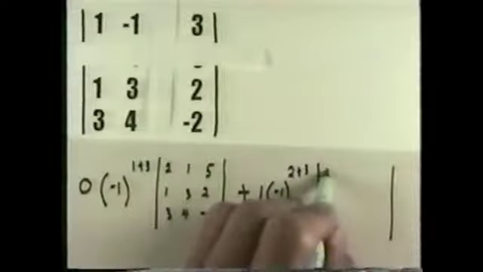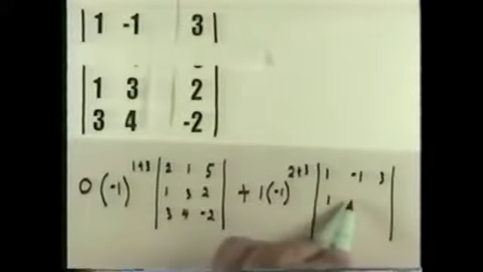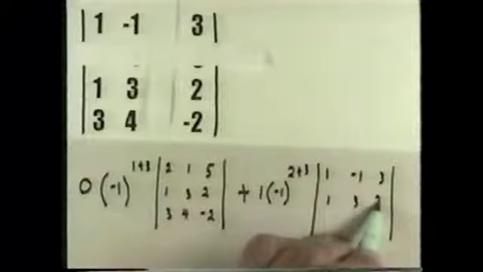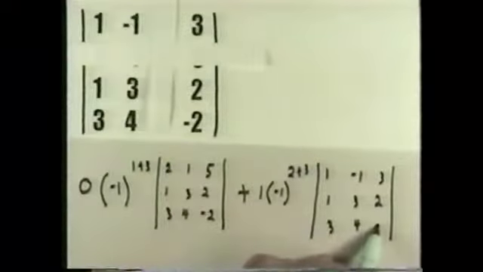This time I take out row 2 and column 3, and we have 1, -1, 3, 1, 3, 2, 3, 4, -2.